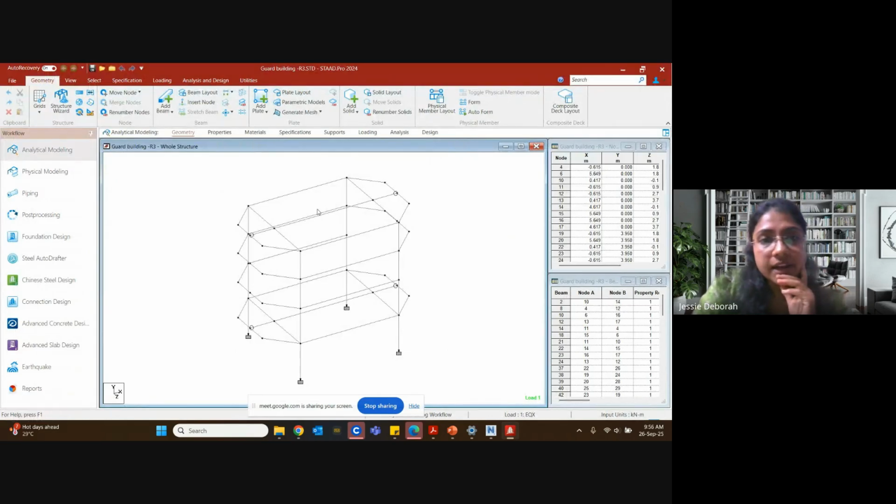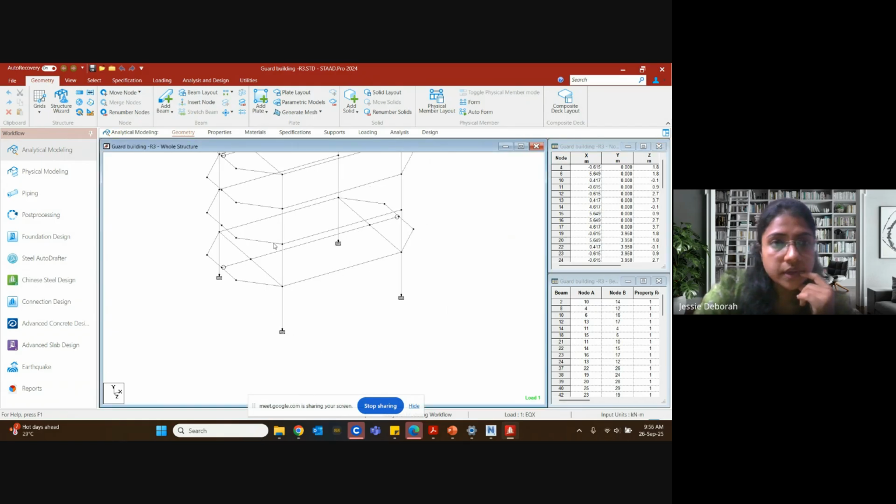Okay, looking at the architectural drawing and the STAAD model, this is the STAAD model that we saw. How will we model it? First we will go to each node below ground and see how much to go below ground.